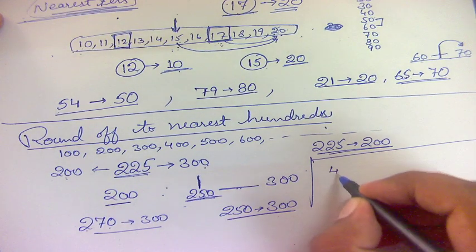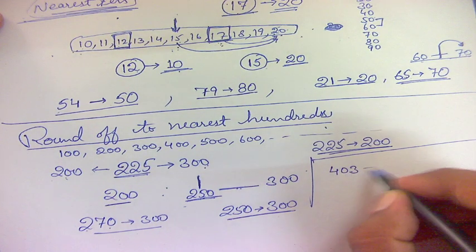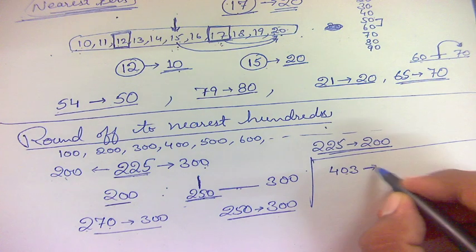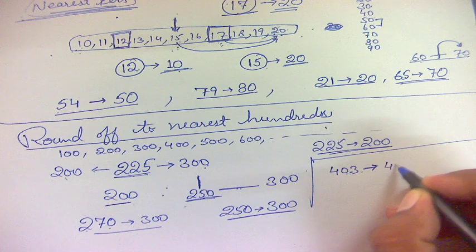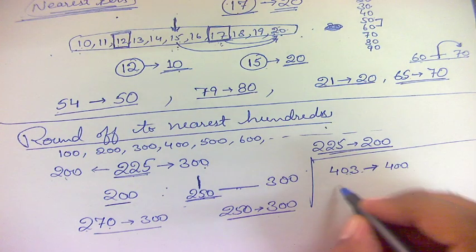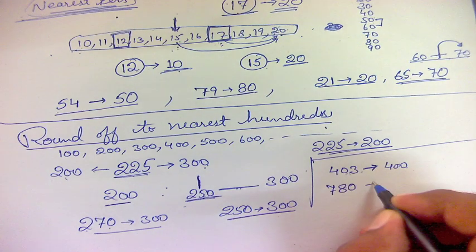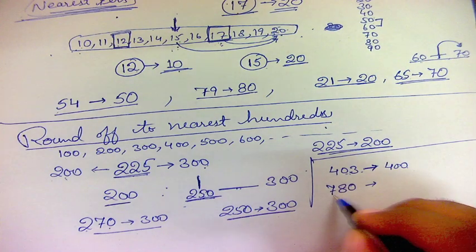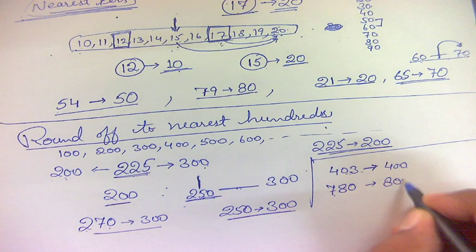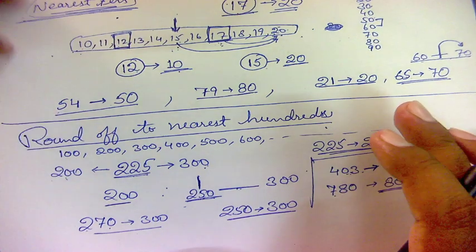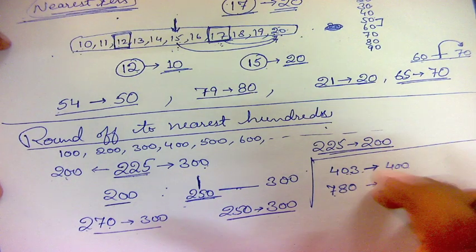If you have say 403, now what is the round off to 403? अब ये किसके पास में है, to which value is it nearer, it is nearer to 400, so it becomes 400. If it is say 780. Now this is near to 800, so it will be rounded off to 800. So this is rounding off to nearest 10 and to nearest 100.